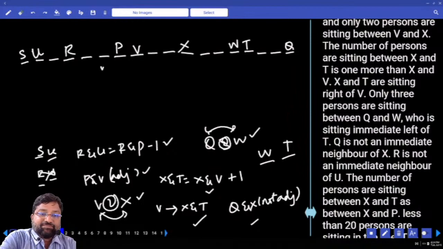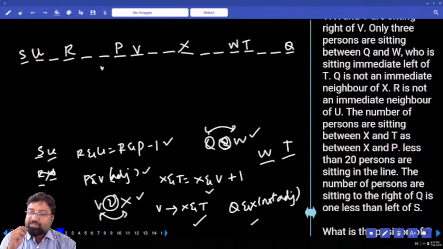Tell me. For now, I got one arrangement and one adjustment. Let's see what is next. R is not an immediate neighbor of U. The number of persons sitting between X and T is the same as between X and P. How many between X and T? 3 persons. X and P also how many? 3 persons. Any problem? No problem.